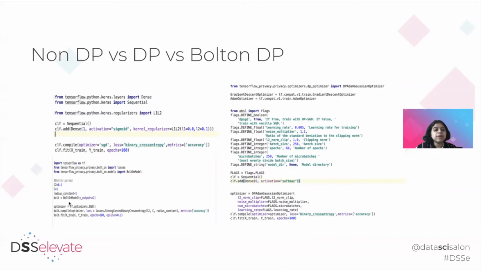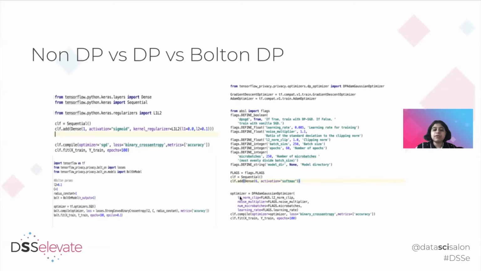For Bolton DP, we don't have to do much, just import the Bolton model and specify the stochastic gradient classifier, stochastic gradient learning, and the strongly convex binary cross entropy will help us build the model. It's not much, just importing the library and three to four lines of code.